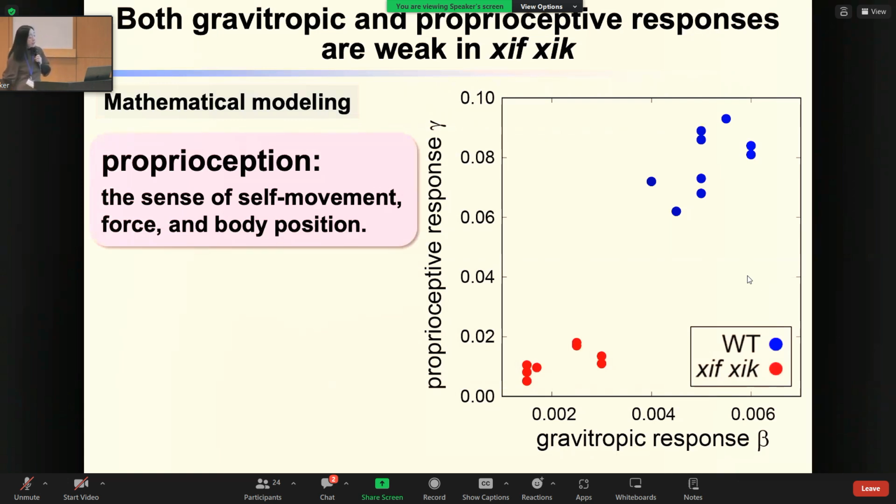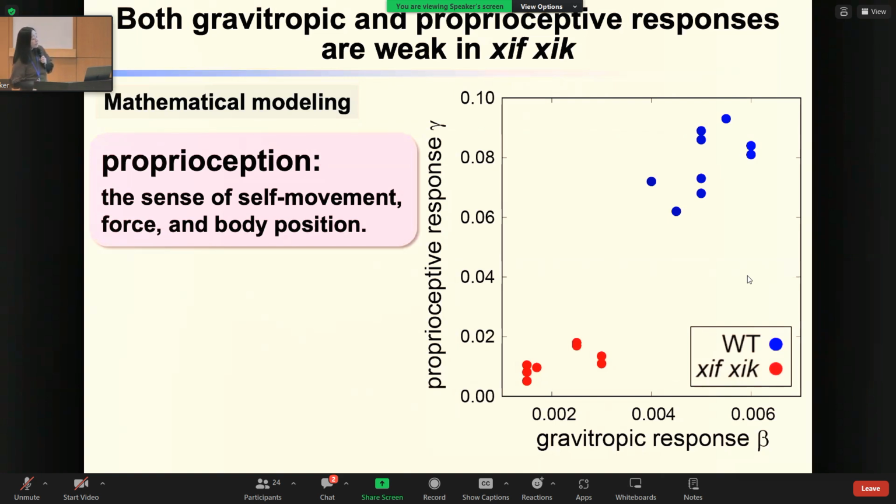Here are the main results obtained from our mathematical model. After making correspondence between model prediction and empirical data, we found that both parameters, beta and gamma, were lower in the mutant, indicated by red.